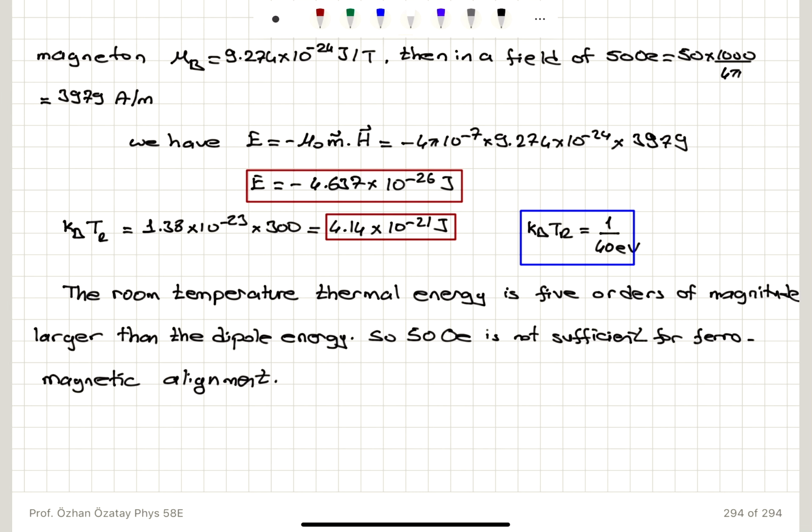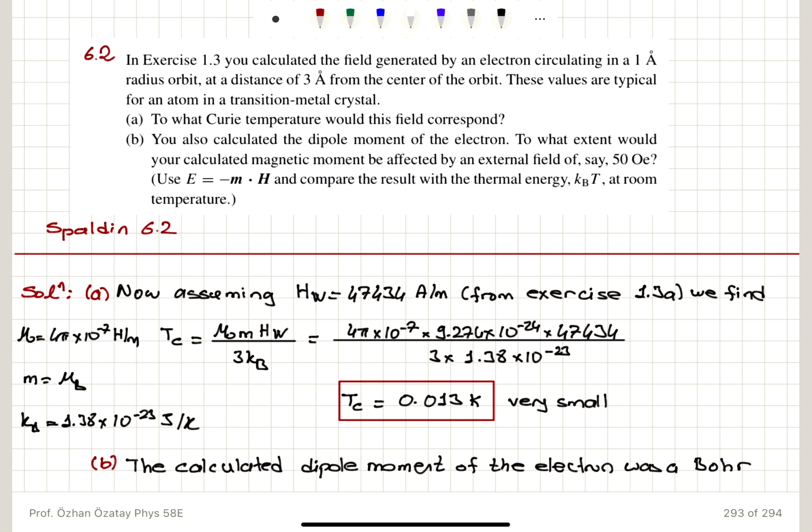Okay. So we have used a previous result that we obtained in exercise 1.3. An electron that is orbiting in a circle with a radius of 1 angstrom at a distance of 3 angstroms from the center of the orbit creates a magnetic field of 47,434 ampere per meter. So if we take this as the Weiss molecular field and we calculate the corresponding T_C, it's very small.